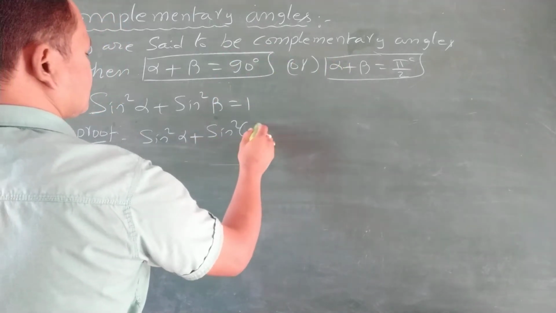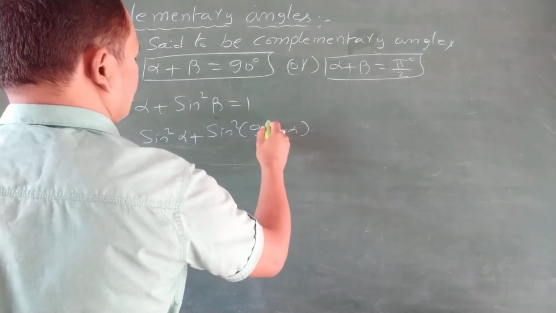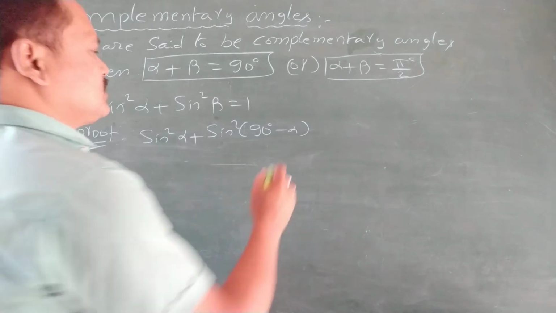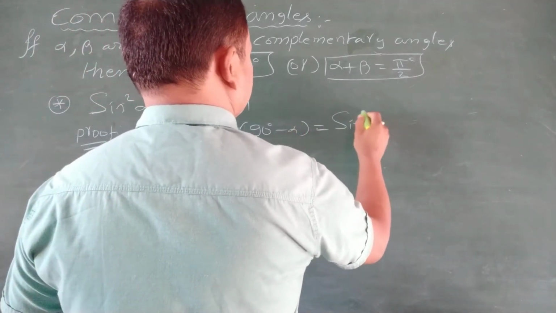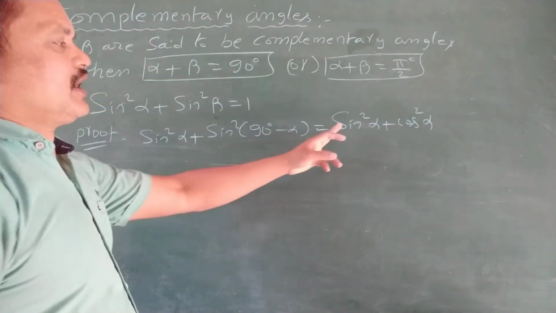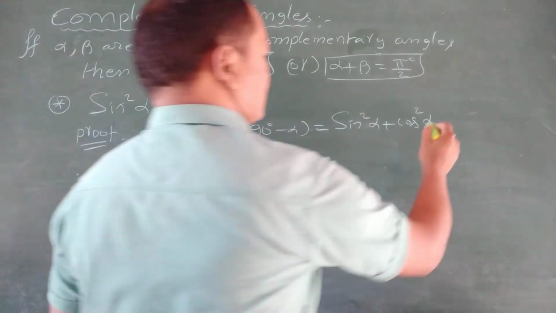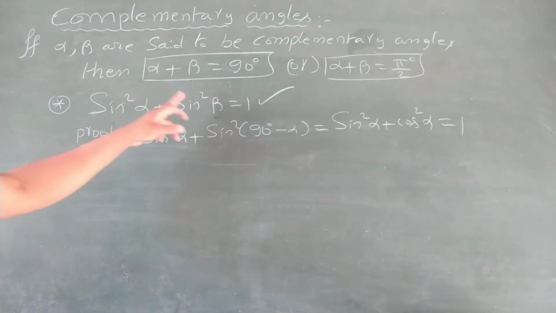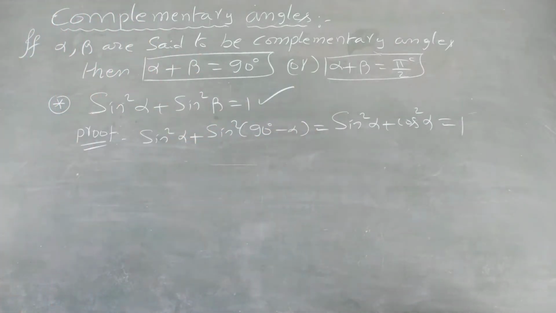So sine square of 90 minus alpha. Now sine of 90 minus theta is nothing but cos. That's why sine square alpha plus cos square alpha. From the identity, sine square alpha plus cos square alpha is 1. That's why sine square alpha plus sine square beta is equal to 1.